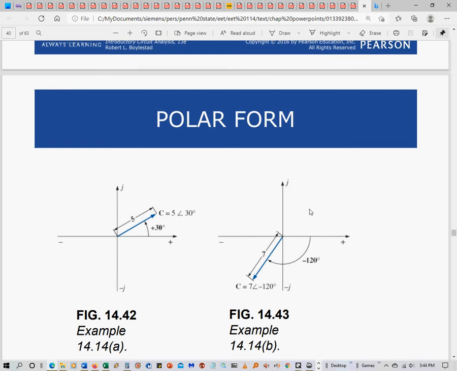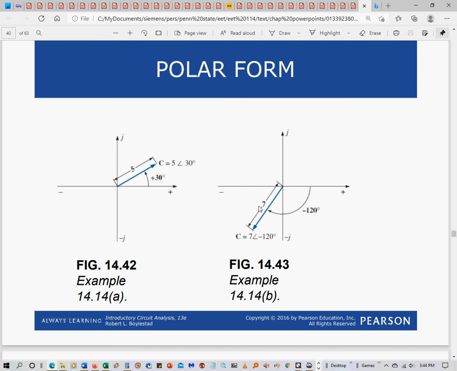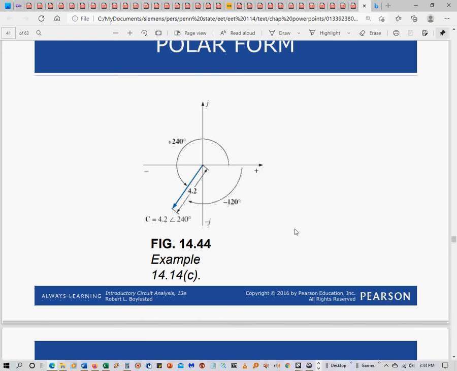So you've got to watch those things. Like it's showing you, this is a plus 30, this is -120. So this is a plus 240, this is a -120. It's the same vector. This 4.2 angle of 240 is the same as 4.2 angle of -120.